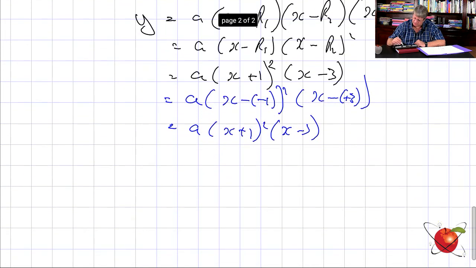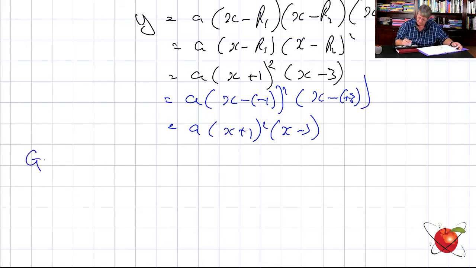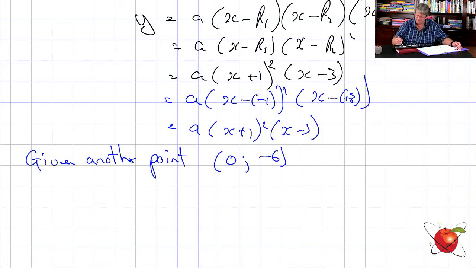Now what do I do? I multiply out. Let me just multiply this out, and it comes to, right, I don't need to. I'm given another point, 0 and minus 6.